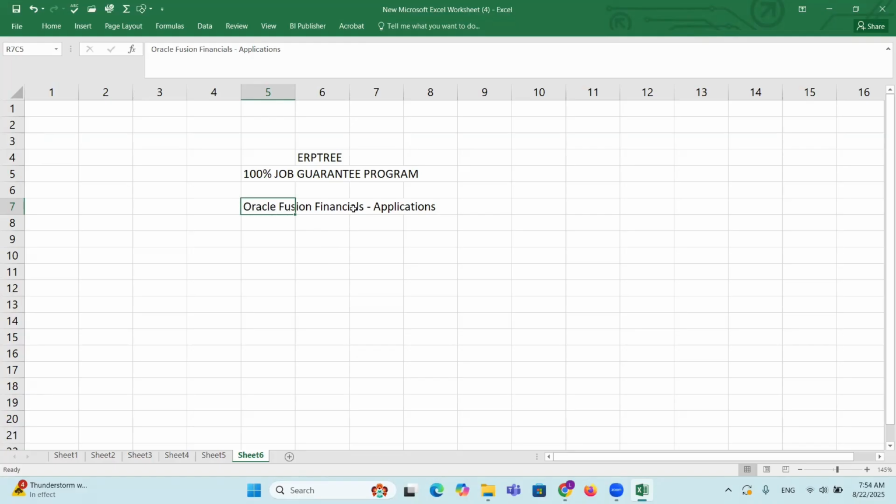Within Oracle Fusion Financials, we learn how companies can buy and make the payment, how companies sell and collect the payment from their customers, how they maintain bank accounts, how they maintain their assets related information.